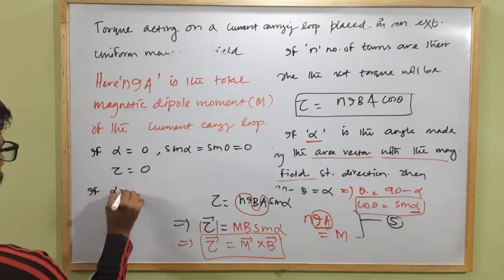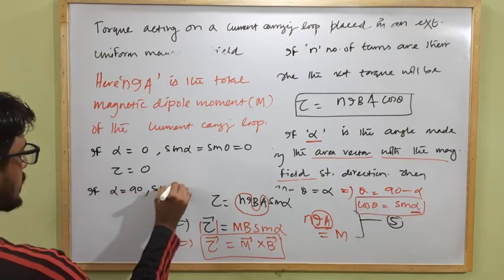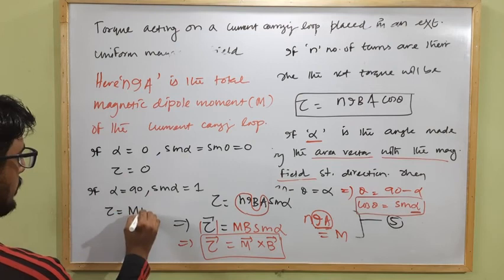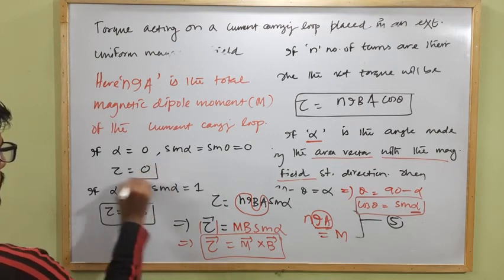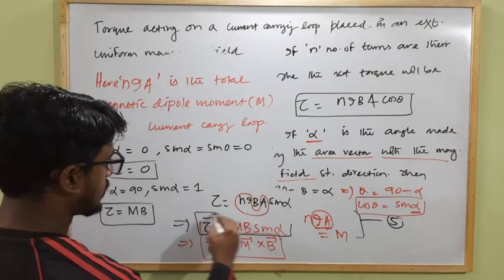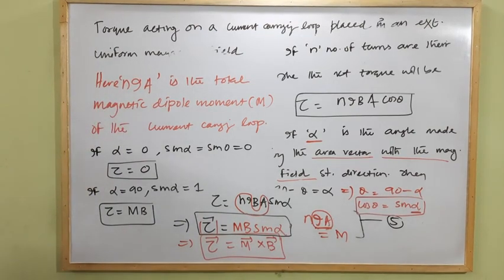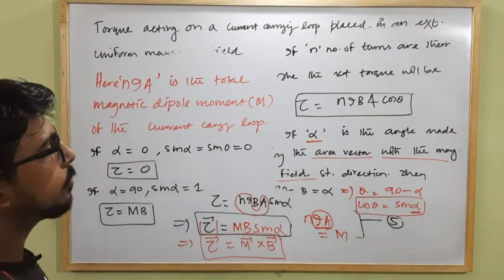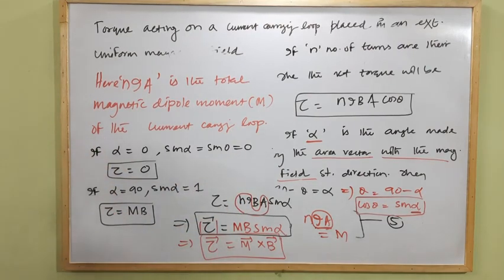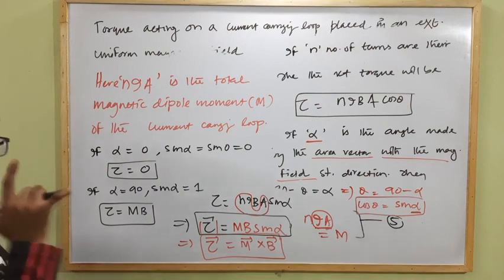If alpha equal to 90, sin alpha equal to 1, tau equal to MB maximum. Okay, and for any angle alpha, this is the expression. Clear? So this is how we can calculate the torque acting on a current carrying rectangular loop present in an external magnetic field. Clear?